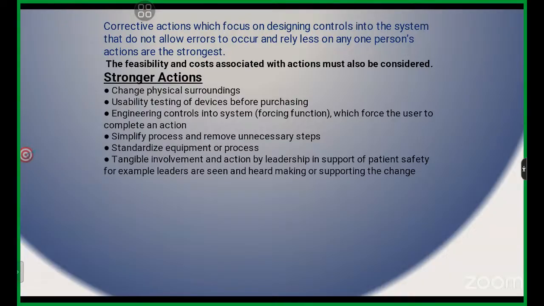Before you buy equipment, do you have procedures or protocols to test the systems or the methodologies before purchasing? We also have engineering controls. You need to incorporate engineering controls into the system. This is a forcing function which forces the user to complete an action before going to the next.